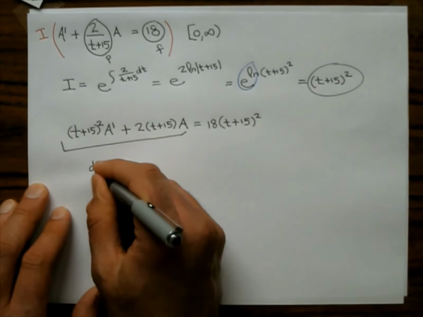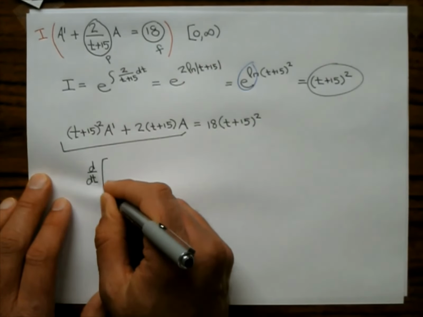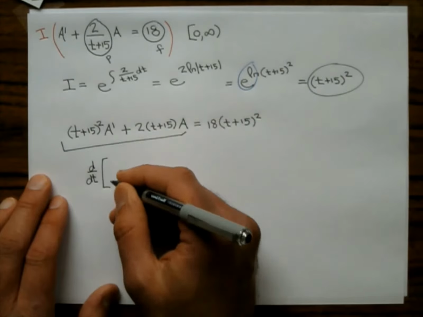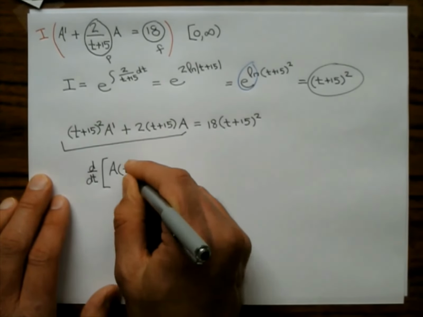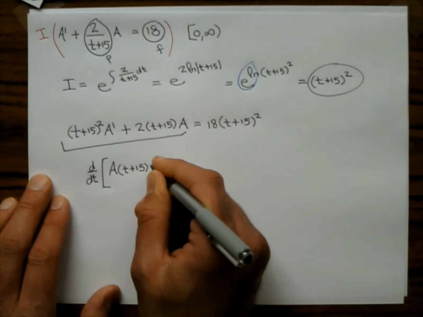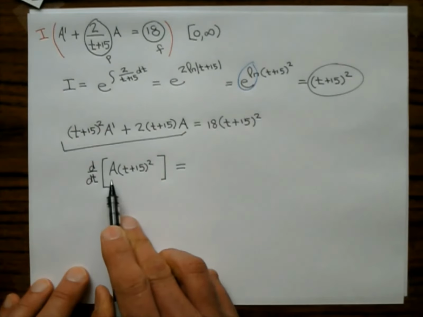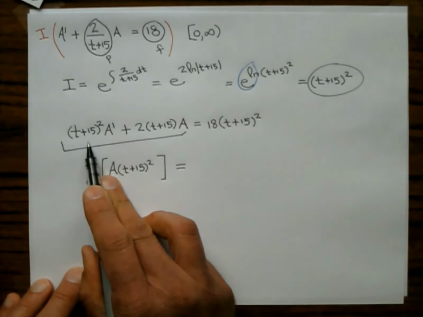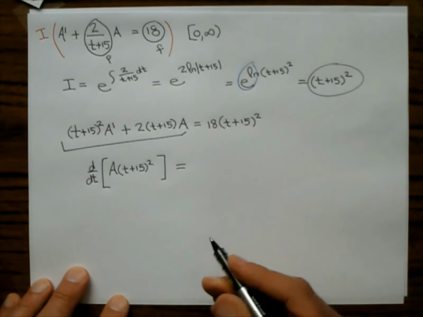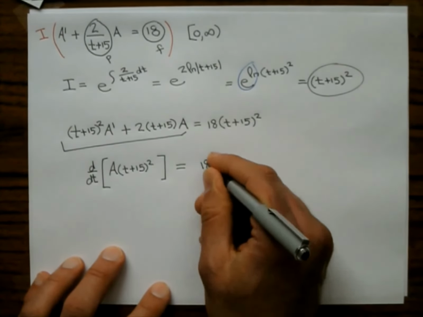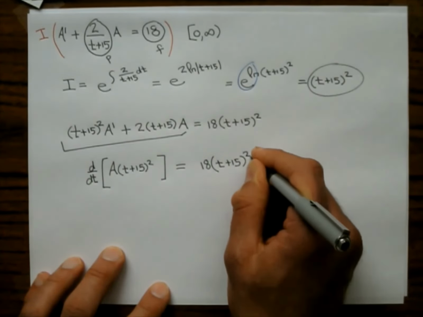This will always become d/dt of y times the integrating factor, and y is actually going to be A in this example, A times the integrating factor. Once again, if you have trust issues, then you can go ahead and do the product rule here, the derivative of the first times the second, plus the first times the derivative of the second, which is actually that. And then this is 18 times t plus 15 squared.